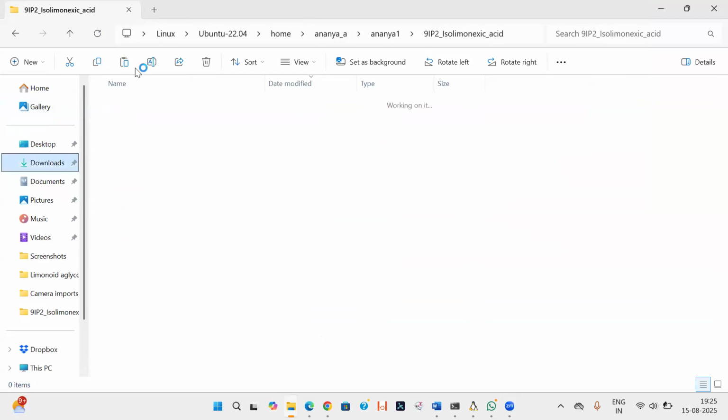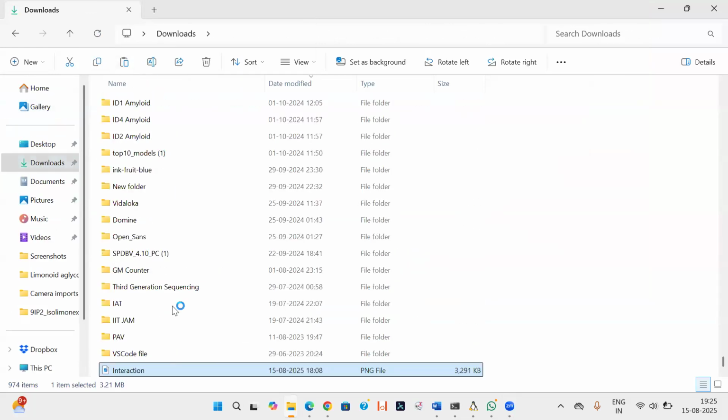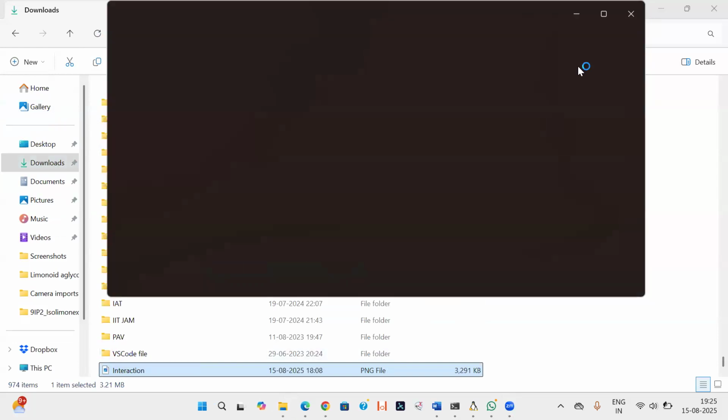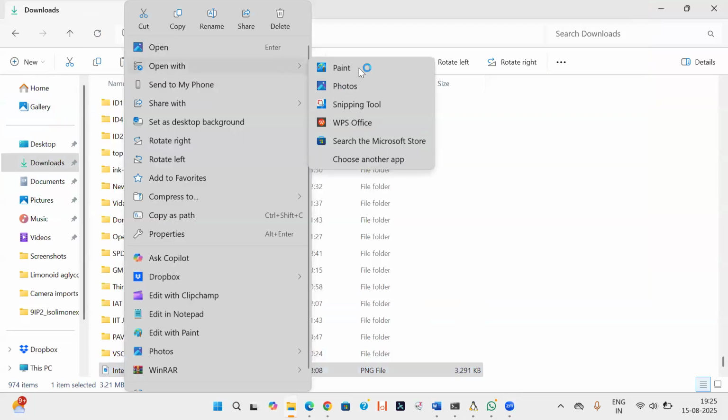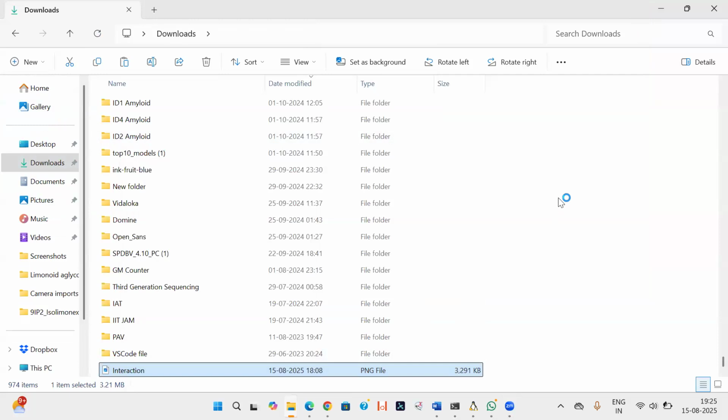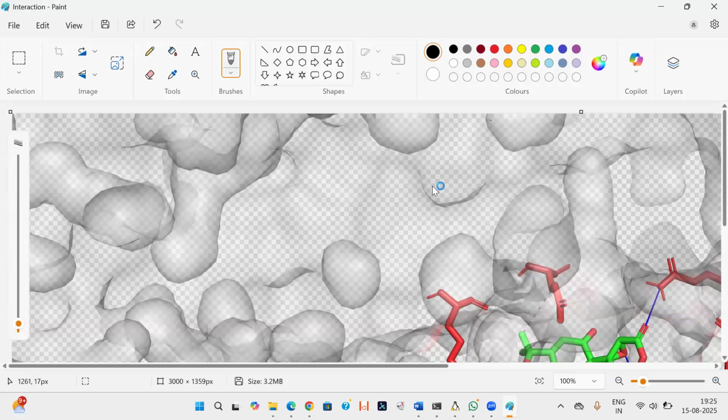Create a new folder like pics inside the same place. Open in Paint. Either you can write in Paint or the better way is to open a PPT and keep adding the pictures there. That would be a better way, even rather than Paint.